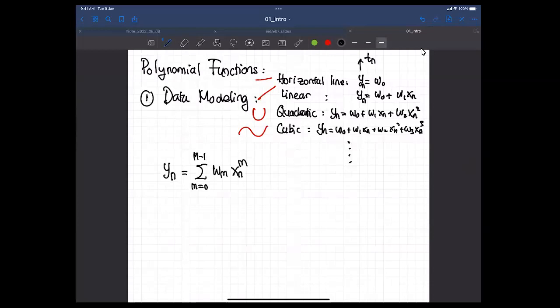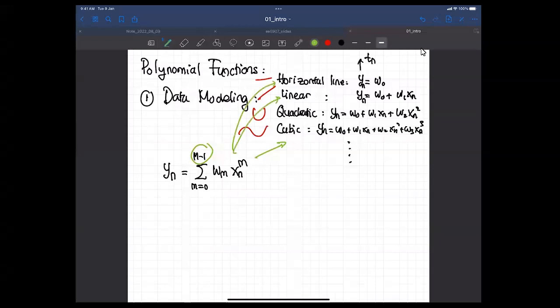This one is exactly the same as whatever expression that you have there. If capital M equals 1, for example, it will be a horizontal line. If M equals 2, it will be linear. And M equals 3, it will be quadratic, and so on.